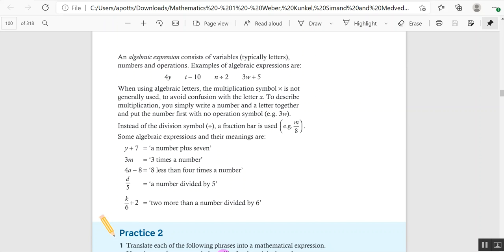The second one means whatever number you pick, subtract 10 from it. The subtraction has to be done in the right order. The third one is whatever number you pick, you have to divide it by 2. The fourth one is whatever number you have, multiply by 3, then you add 5 to it. So that's how we describe it in words.